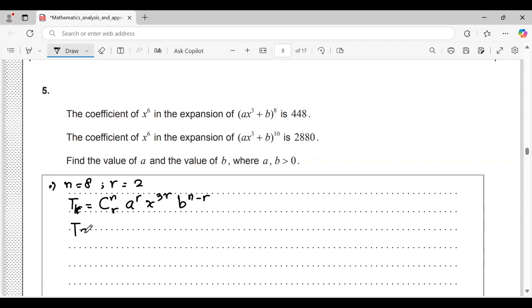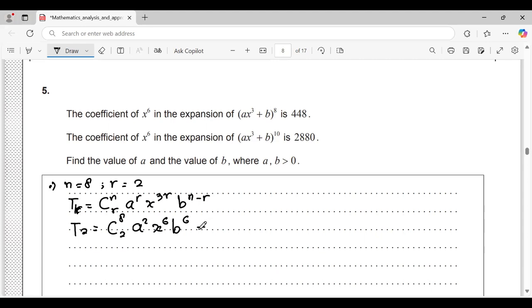It means T2 is combination 8, 2, a squared, x power 3 times 2, which is x power 6, and b power 8 minus 2, which is power 6.